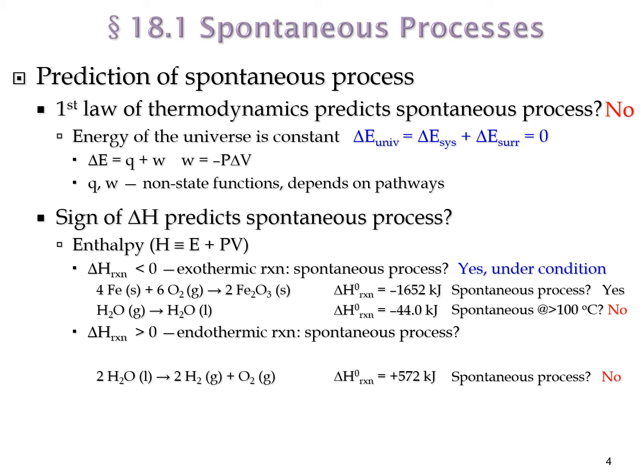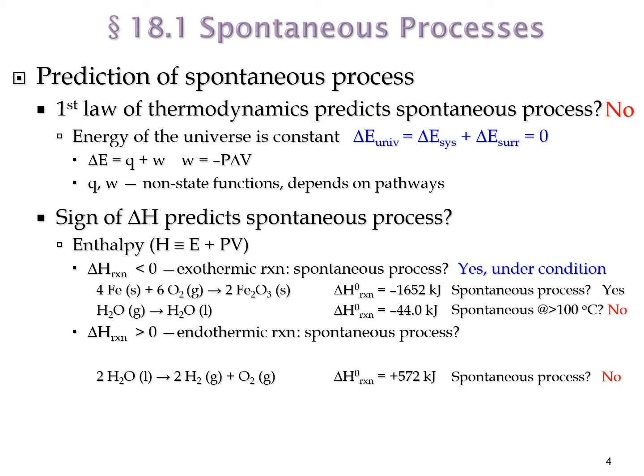Of course not. Because if you think it's a spontaneous process, there wouldn't be any more water left in this world. After a billion years, water would be gone. So now we understand this reaction is not going to take place.